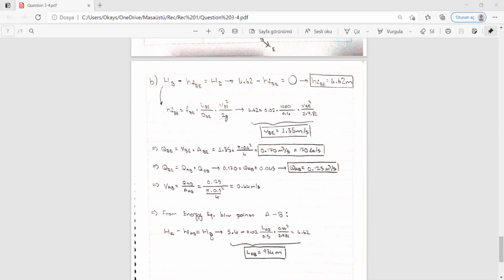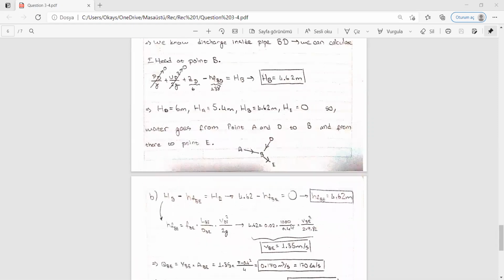Your friend is asking here why we don't add the velocity and pressure head for the point B when we are writing the energy equation. The thing is, actually we are adding. This is the total head at point B. This 4.62 is the total head at point B. It is not the elevation head.